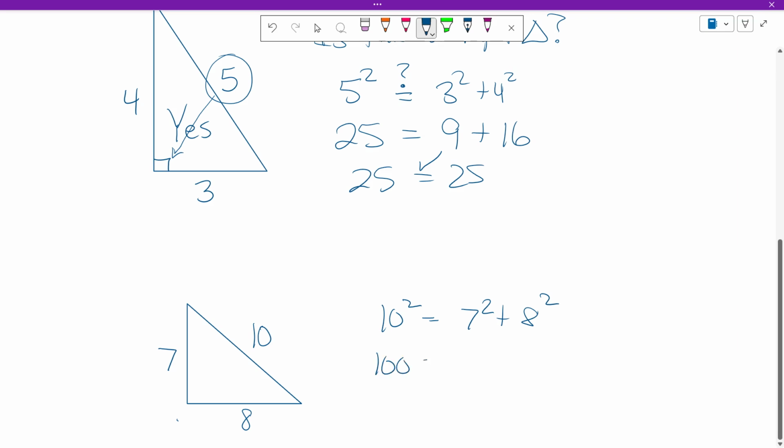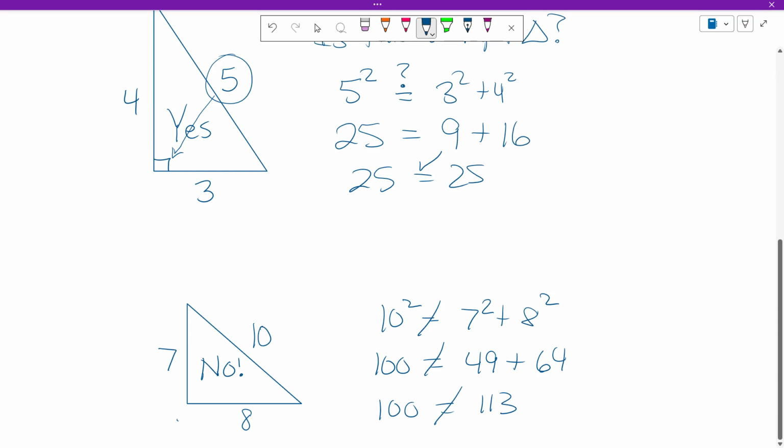Is 100 equal to, what's 7 squared? What's 7 times 7? 49. What's 8 times 8? 64. 49 plus 64 is 113. So this is not equal. So this one is no. This is not a right triangle.